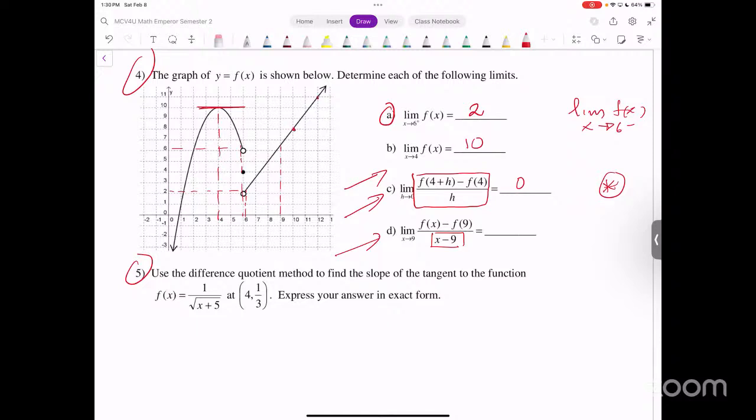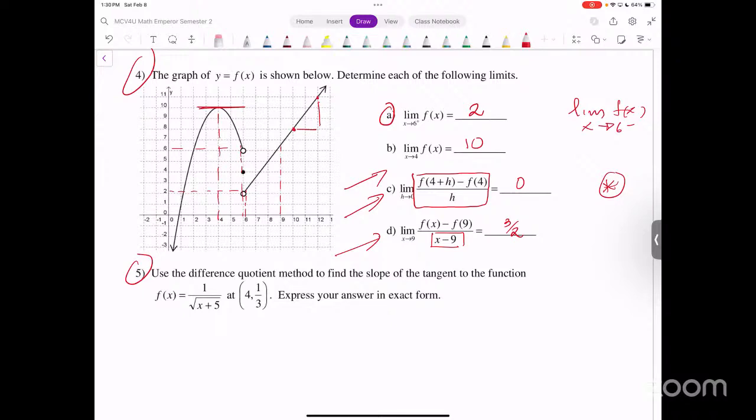Rise is 3 units, run is 2 units, so 3 over 2. The straight line has a constant slope, isn't it? Imagine throwing that question on the test.